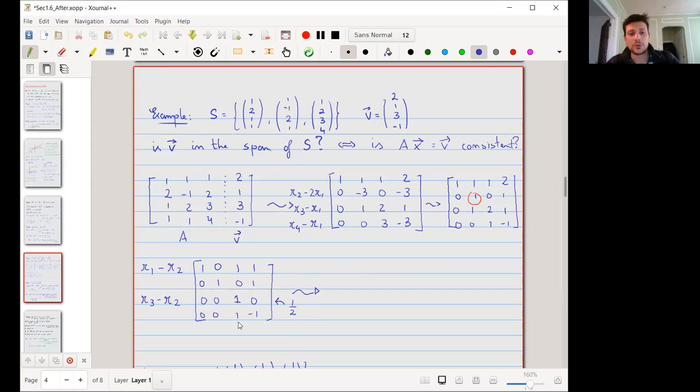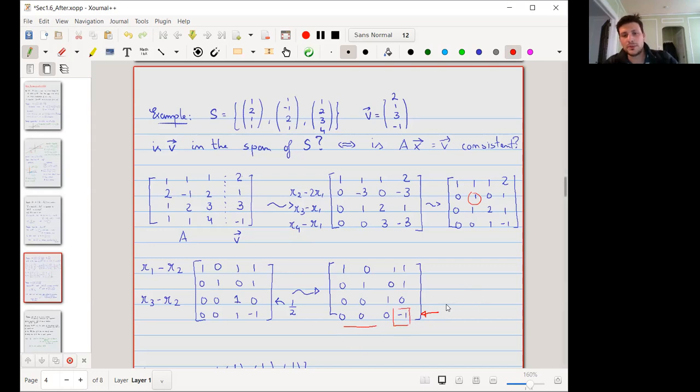Now let's use the third row to eliminate the 1 in the fourth. 1, 0, 1, 1, 0, 1, 0, 1, 0, 0, 1, 0. And in the fourth one, by subtracting the third, we get 0, 0, 0, -1. What we know about the row-reduced echelon form is that this row over here is problematic because we have zeros in the variables and then a non-zero entry in the constant.